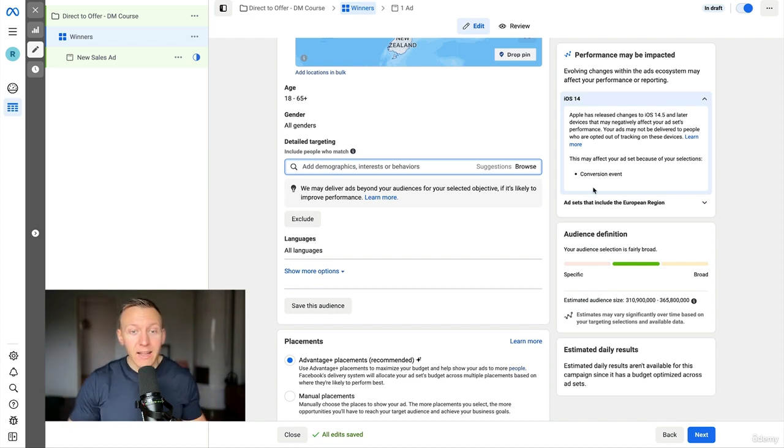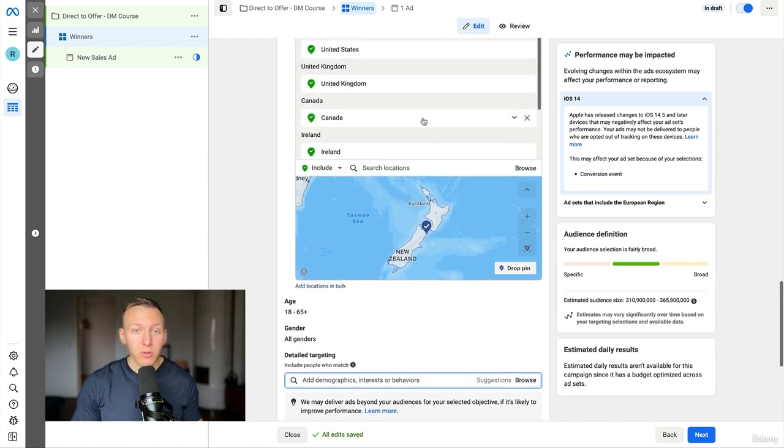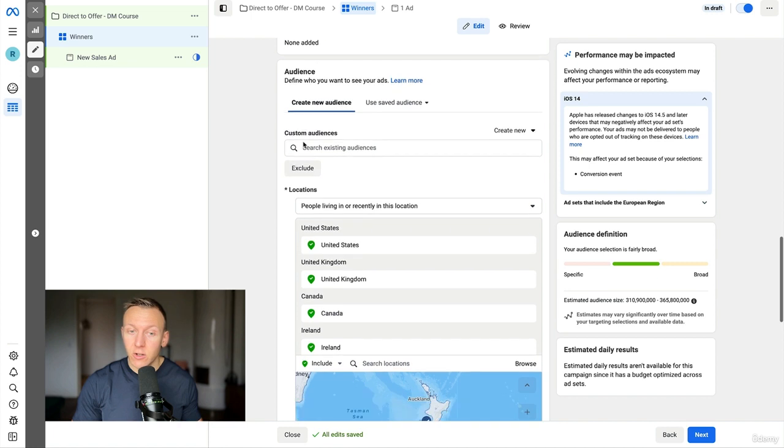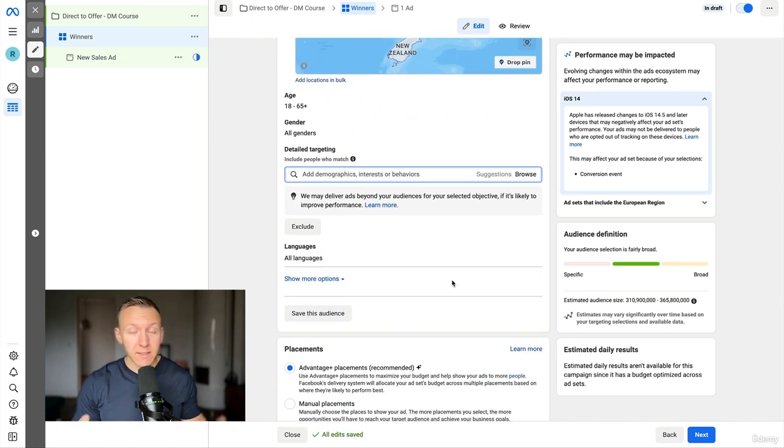So all in all, there's a lot of options when it comes to audience targeting in this section, but what truly drives the needle and gives you results in your advertising is, number one, having a winning offer. That is, you're actually selling a product that people truly want. That is essential. And number two, having attractive ads, and that is going to be the ad design.